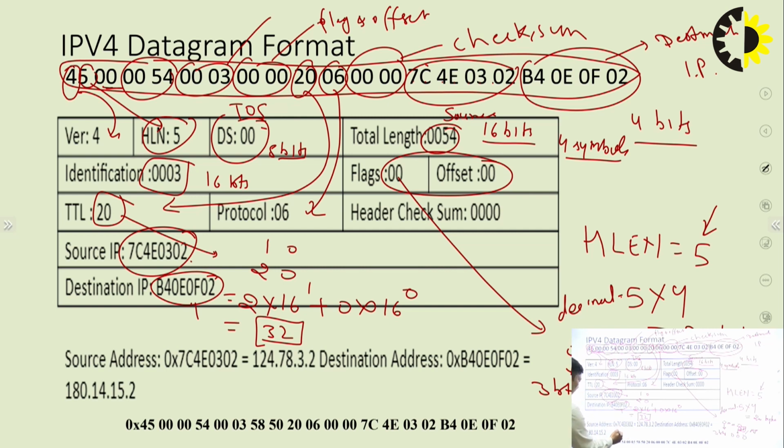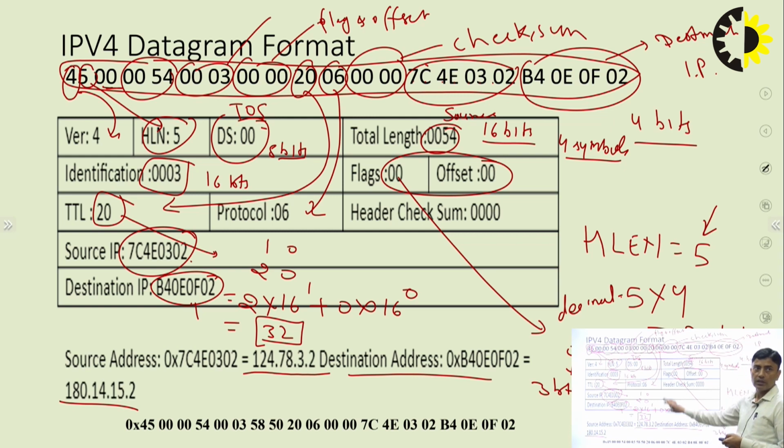When we convert into dotted decimal notation, the source gives 124.78.3.2, and the destination address similarly gives 180.14.15.2. By this way, we can calculate the numericals or the information based on this IPv4 datagram frame format.